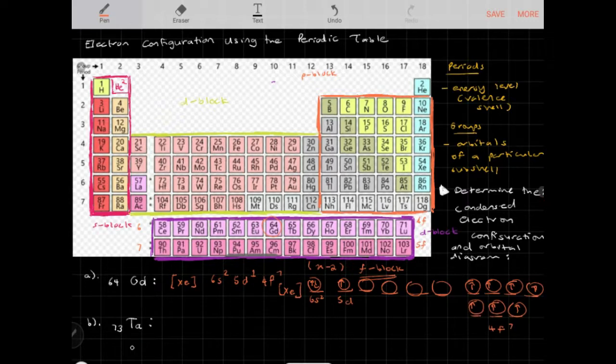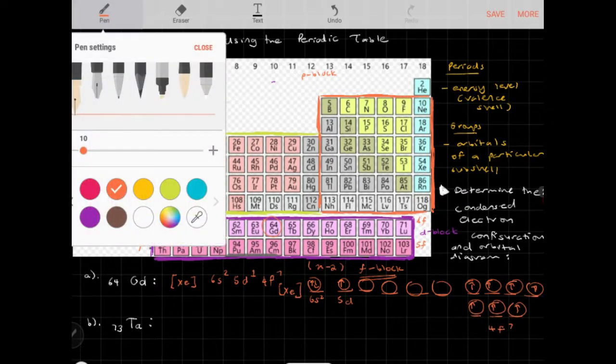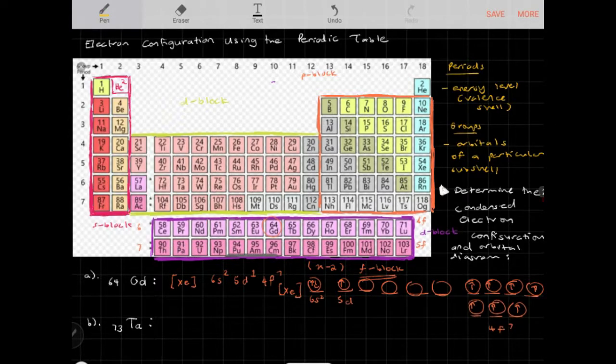Let's take a look at tantalum, right? 73. So 73 tantalum. Let's use this color. It's located here. We look at the previous noble gas, so it's going to once again be xenon. I'm going to write down xenon here, right?